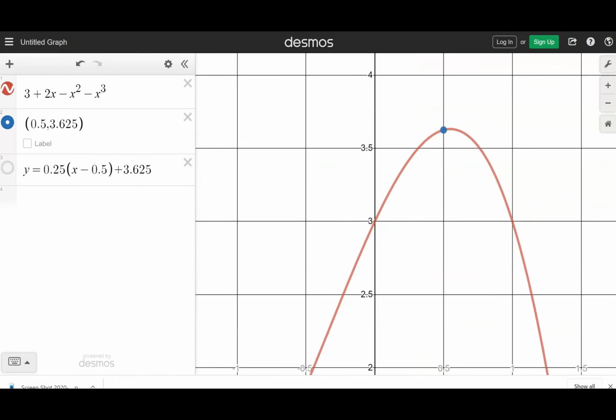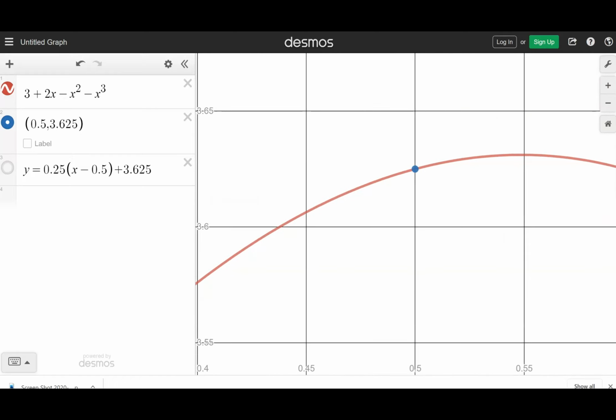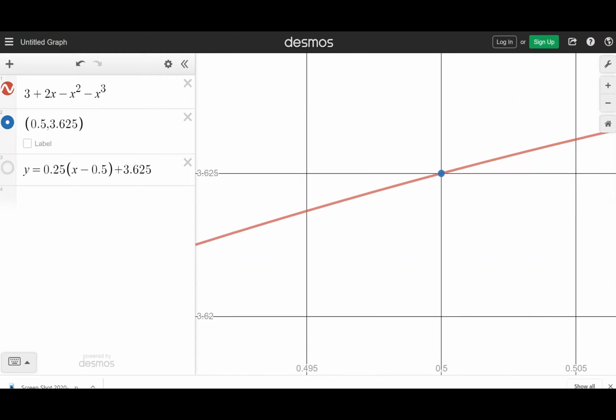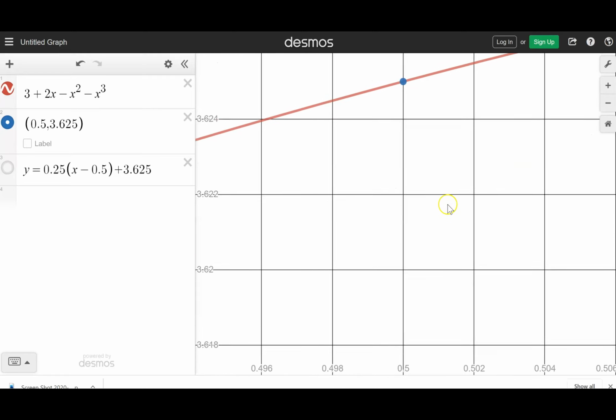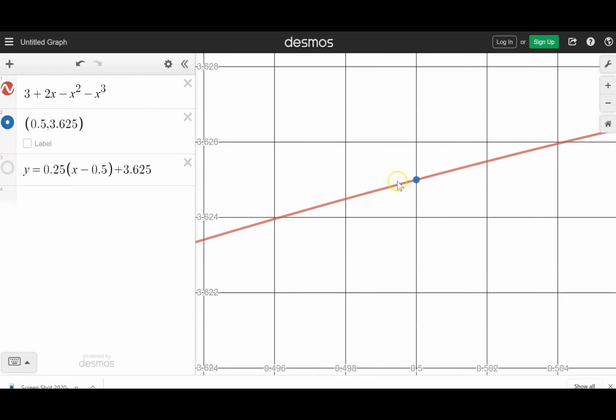The more you zoom in on it, so I zoom in, I zoom in, I zoom in at that one point, look at what you see. What do you notice? That function, which was so curvy, at that one instant where I zoomed in a bunch, actually looks quite linear. We call that local linearity, where you zoom in on any point on any function and what it will appear as will be a straight line.